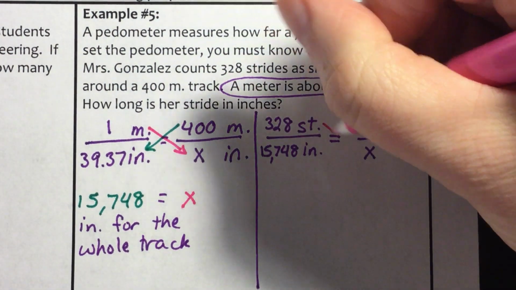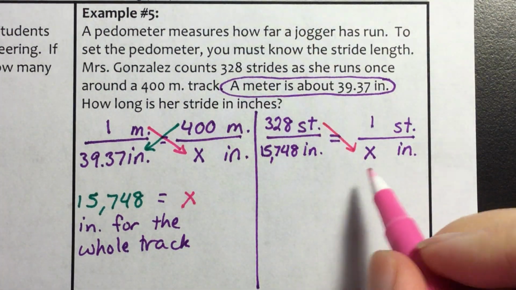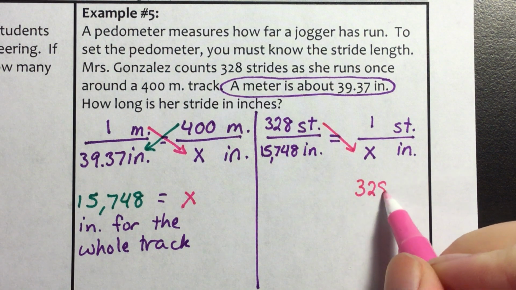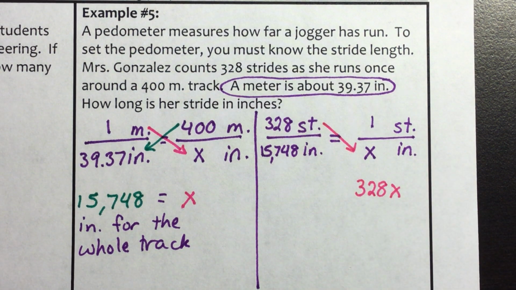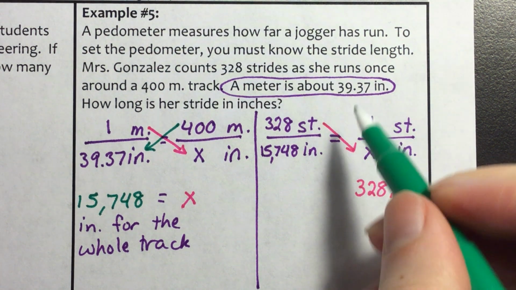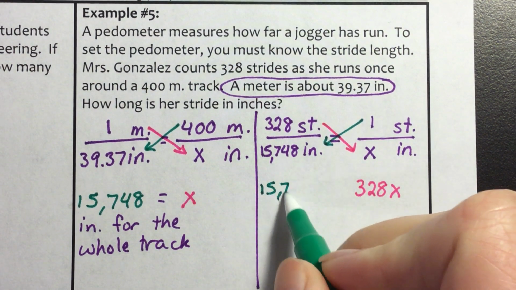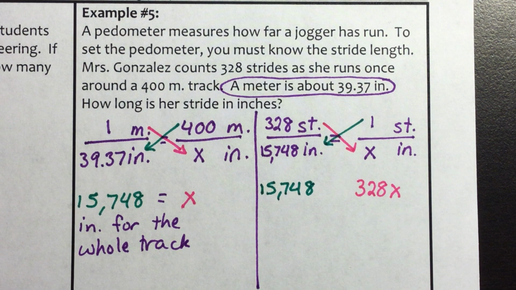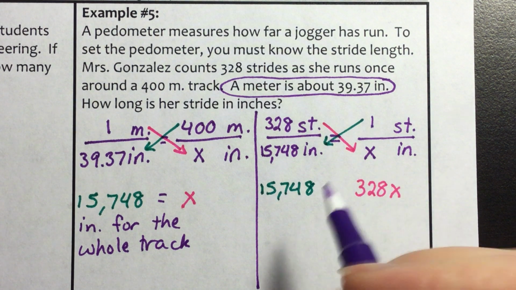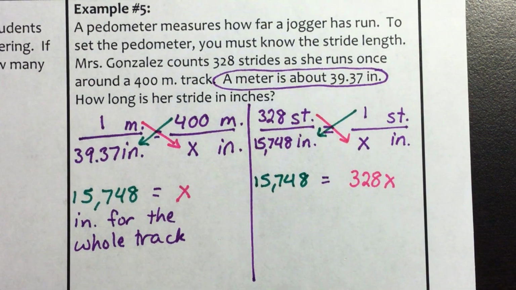Top left times bottom right, 328x. Top right times bottom left. 1 times anything is itself. So 15,748. Finally said it right that time. And toss that equal sign there in the middle.